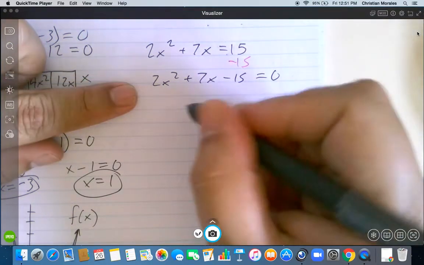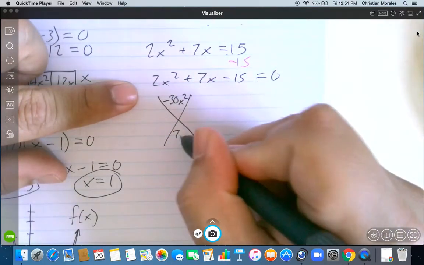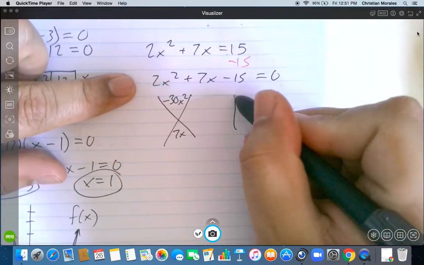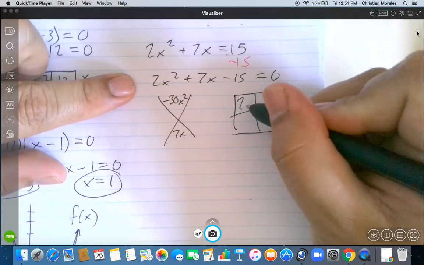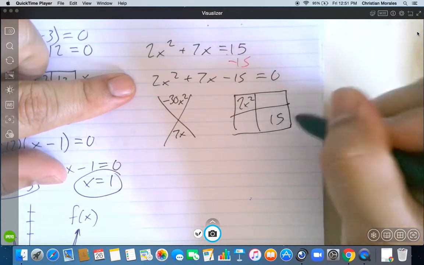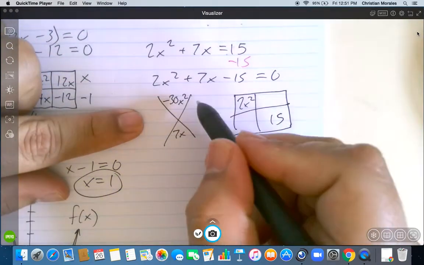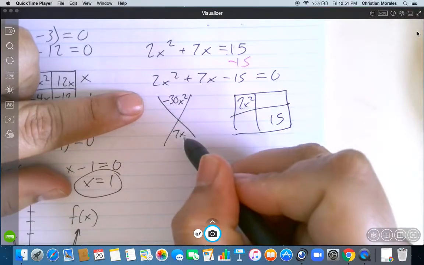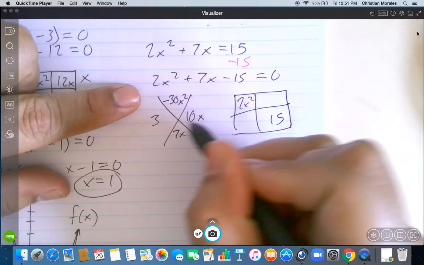Now I can go into the X box. Okay, sorry, it's not as pretty as I was trying to do this fast. Okay, multiplies to make 30, adds up to 7. Oh, this one's easy. 3 times 10.